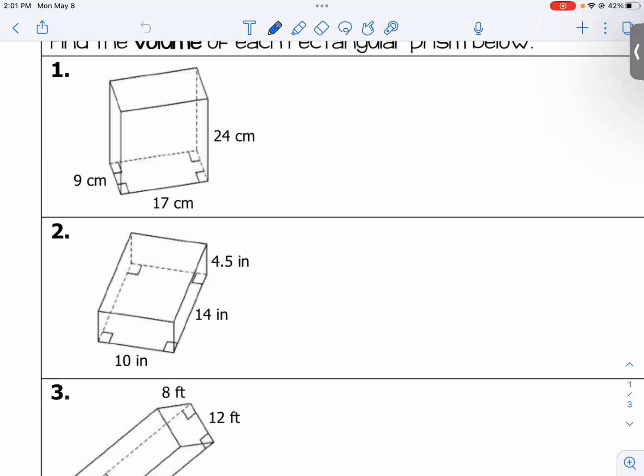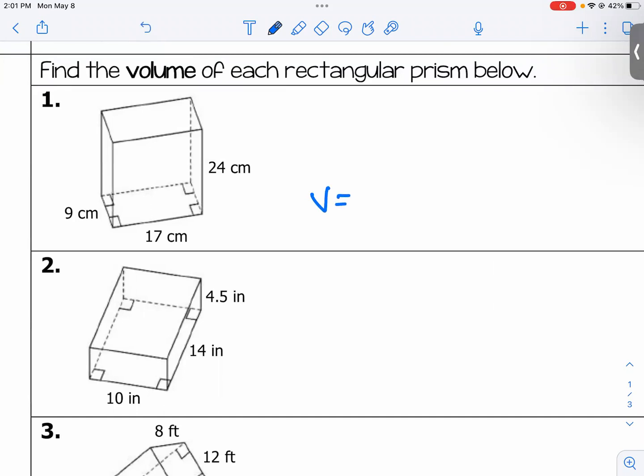All right, Bryce, what is the volume for number 1? I'm gonna go ahead and let you say that number for real this time. 1,554. Okay. Number 1?